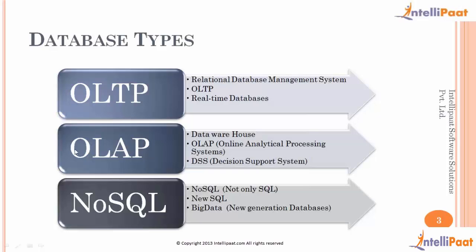So that's the reason another category came into the picture, or there was a need for another category, which is called DW, or Data Warehouse, or OLAP, or Decision Support System. So that's the reason for the evolution or requirement of the OLAP system, even though we already had the OLTP system.